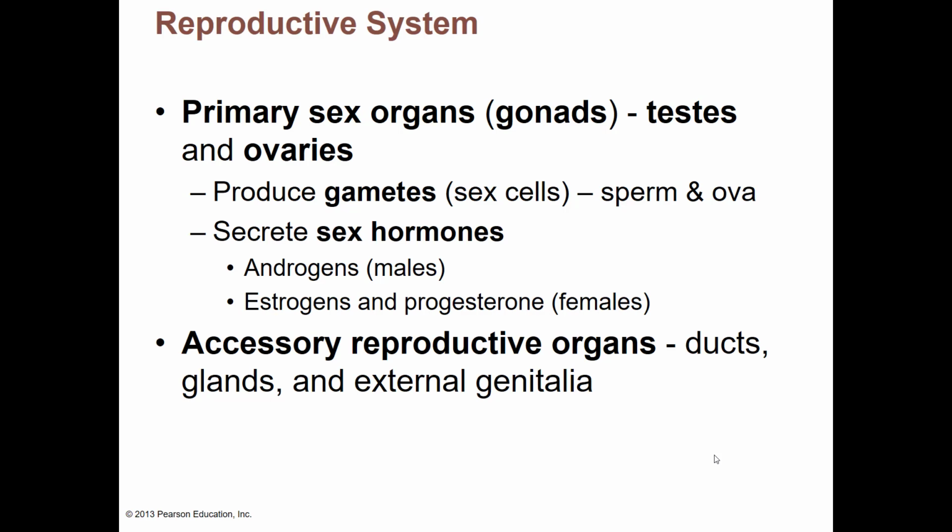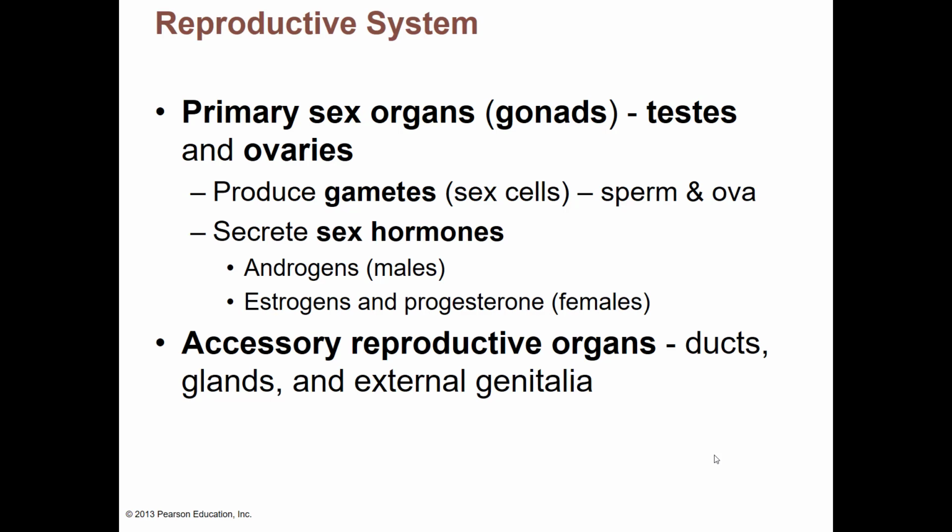Everything else is an accessory reproductive organ. It's a duct for something to travel through, or a gland that makes some other fluid that aids in the reproductive process, and it includes any external genitalia. The main goal of the reproductive system is to produce offspring. The male reproductive system makes sperm and delivers it into the female reproductive tract.